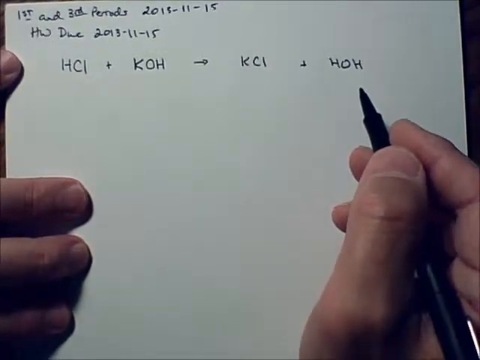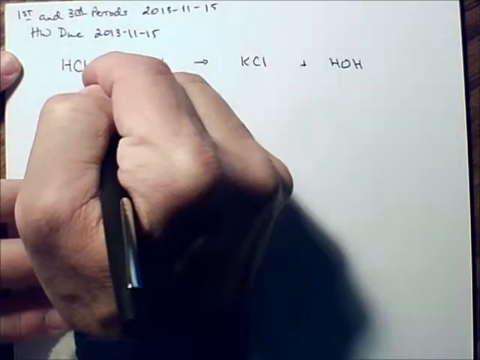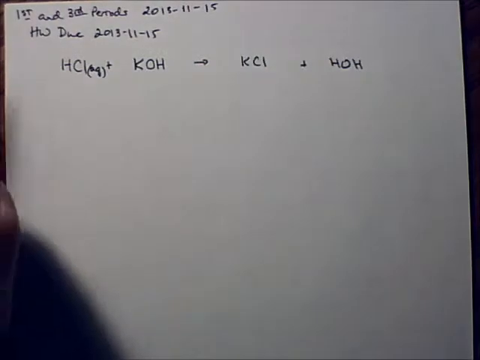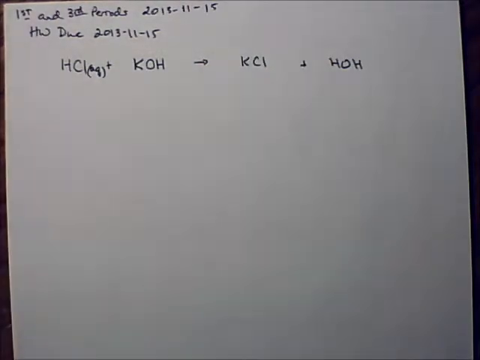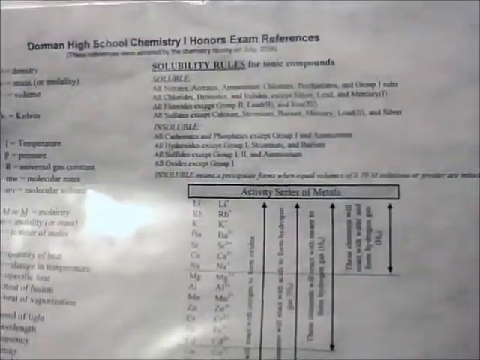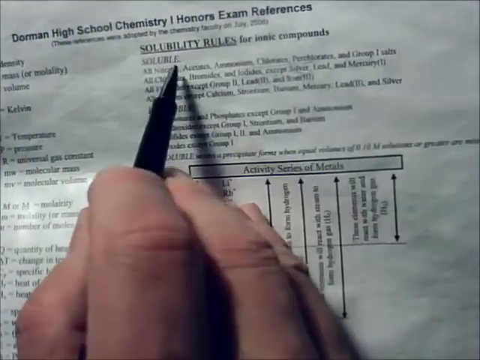One of the things we need to know is what the physical states are going to be. Hydrochloric acid is aqueous. Potassium hydroxide is aqueous. Now, if you don't know that, you've got to go to your solubility rules to figure it out. The solubility rules say that all group 1 salts are soluble.